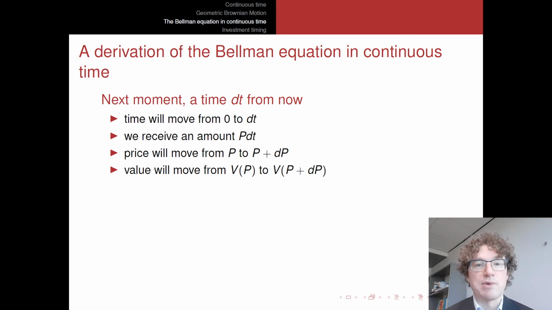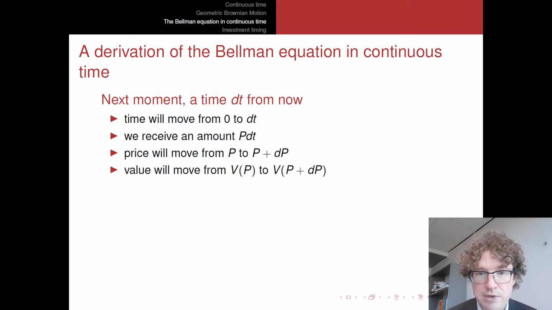Okay, so let's see what we need to do. We have to see what's going to happen next time. Next time is a time dt from now, where this dt is going to be very small. So what happens? First of all, time itself will move, right? It will increase from 0 today to dt the next instant, the next second perhaps, or the next millisecond, whatever you wish.